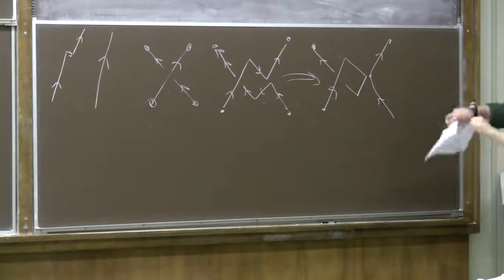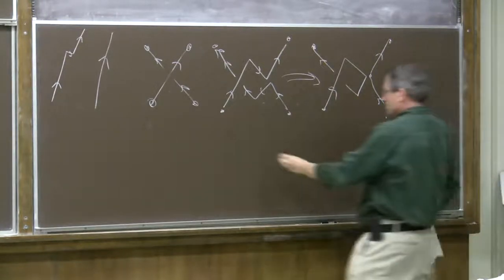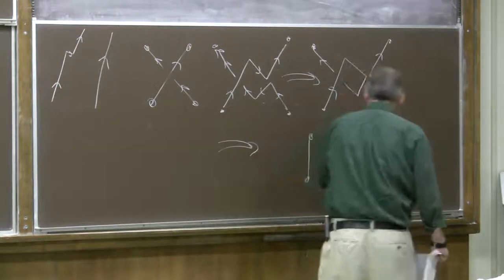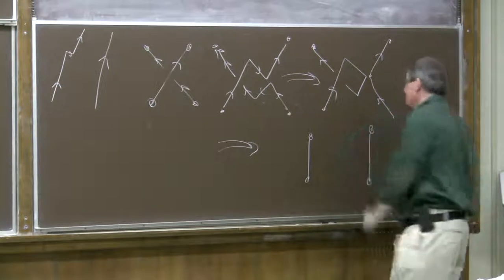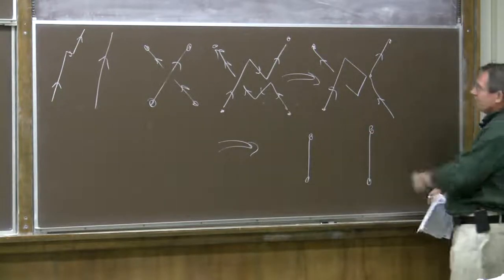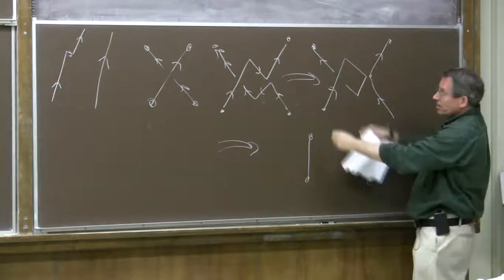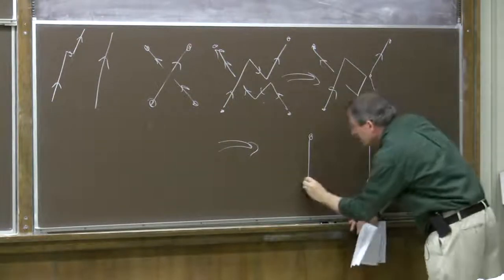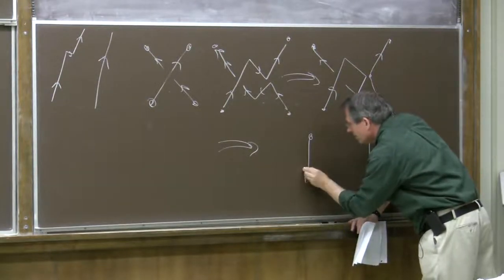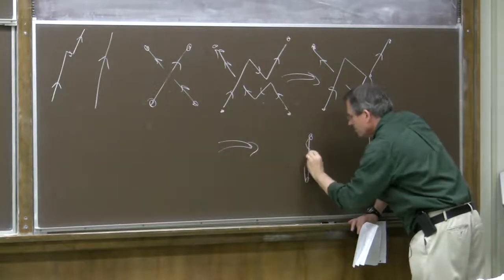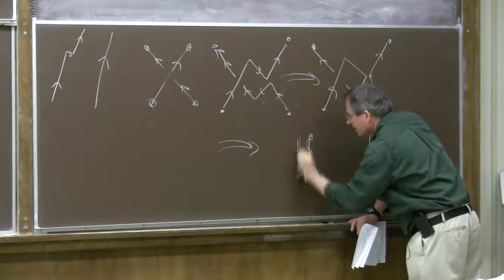Okay, and now I can straighten out these world lines. So I get something that looks like this, except for one thing. This world line's got a twist in it. So when I straighten it out, it's actually going to look like my belt. It's going to twist by 2 pi as it goes forward in time.